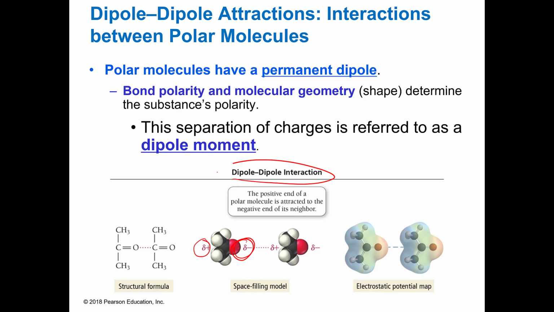This is what we call a dipole-dipole, because you have a polar and a polar, and they're causing each other to be attracted to one another. All right, so that's our introduction to temporary dipoles and permanent dipoles.